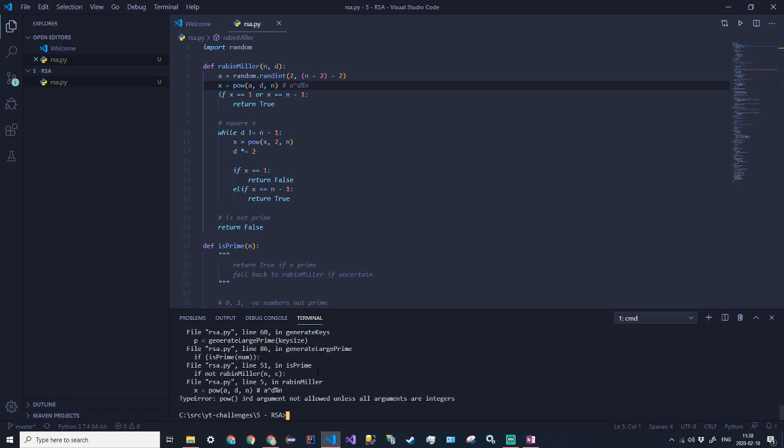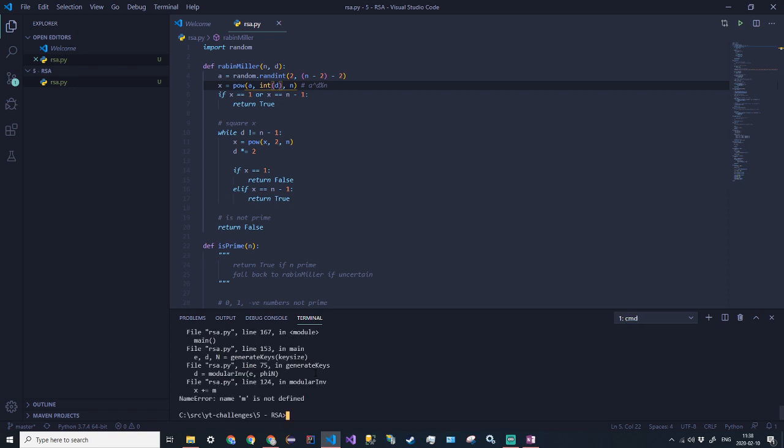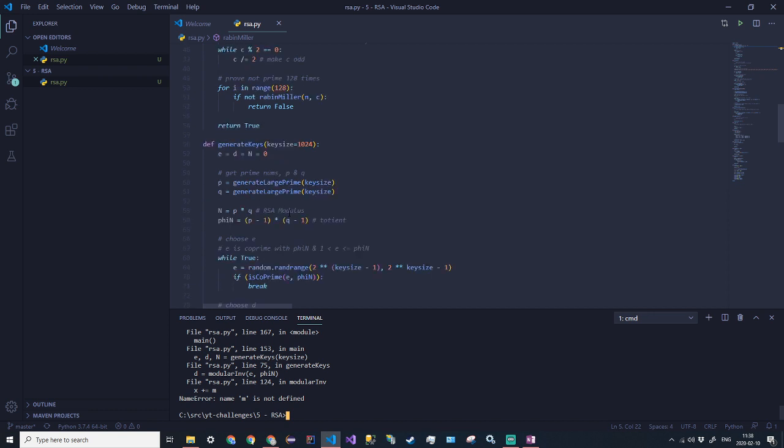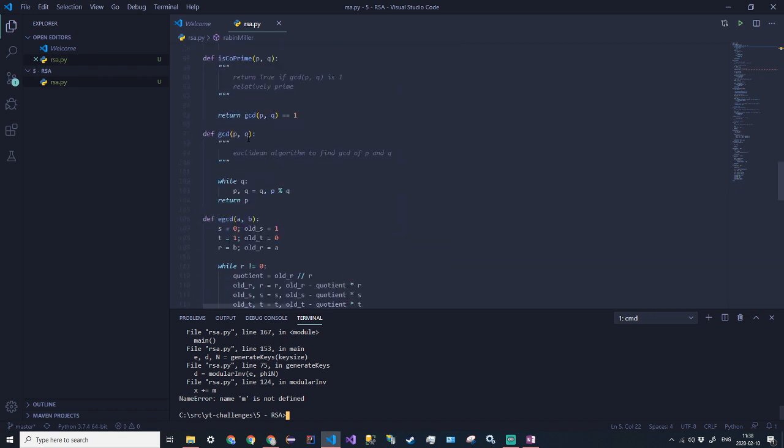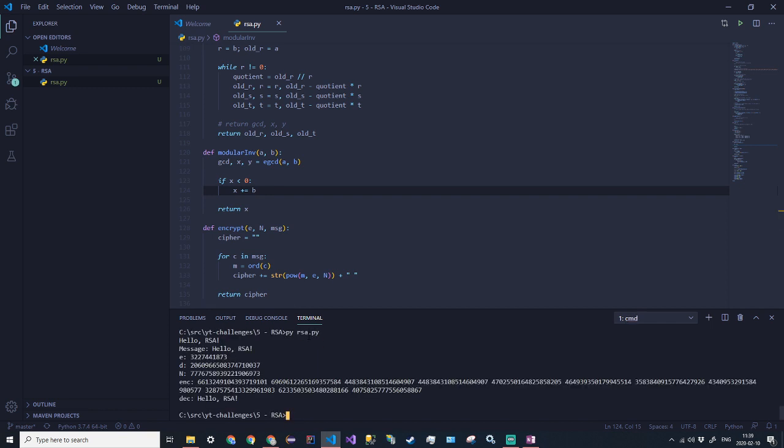So is d not an integer? That's weird. Let me just try. x plus equals m. Now we have problems. Why did I add m? All right, now this is just syntax. x plus equals b. My mistake. Aha. Okay. There we go.